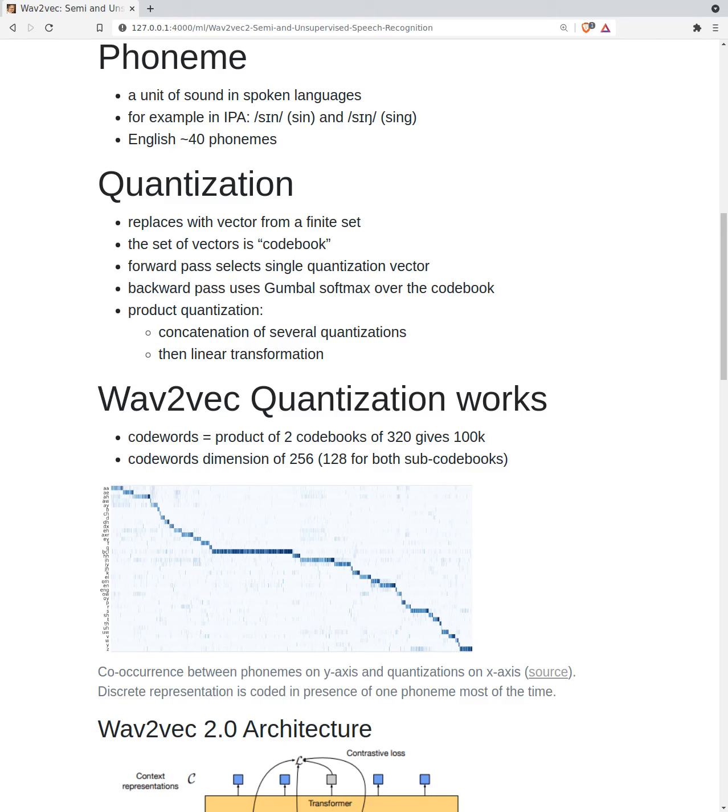In the backward pass, we actually use softmax over the entire codebook, and we make it differentiable in this way. As well, there's this product quantization where we can concatenate several quantizations and then apply a linear transformation, and the joint is called product quantization.